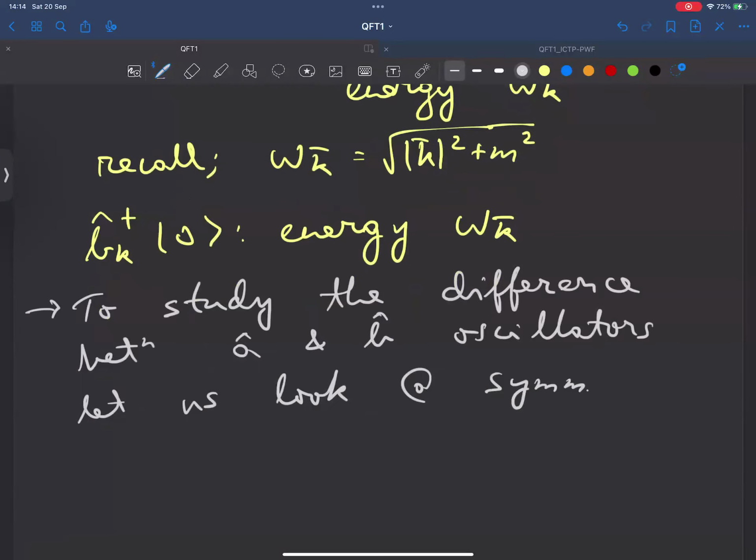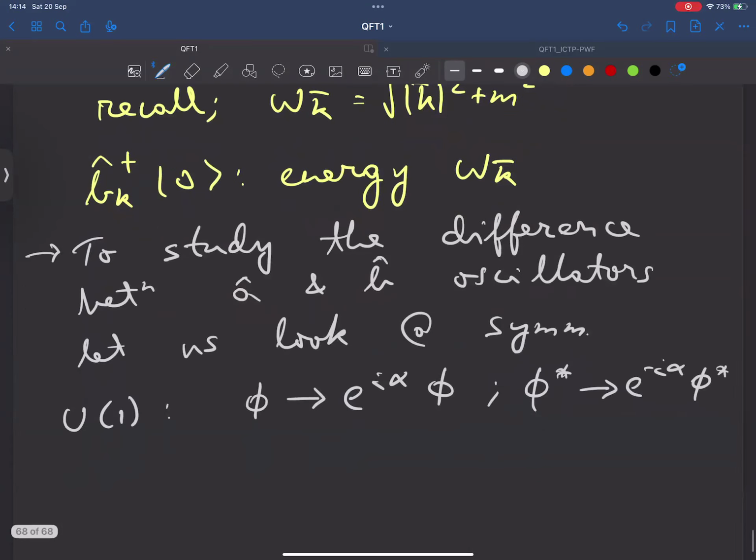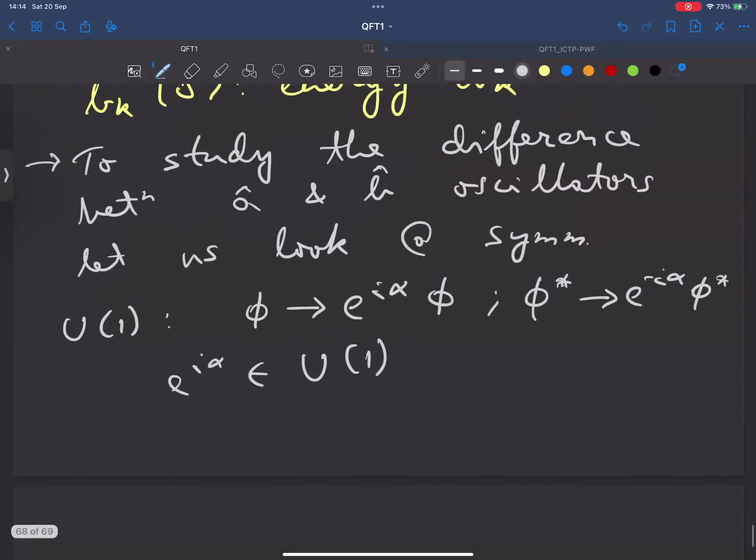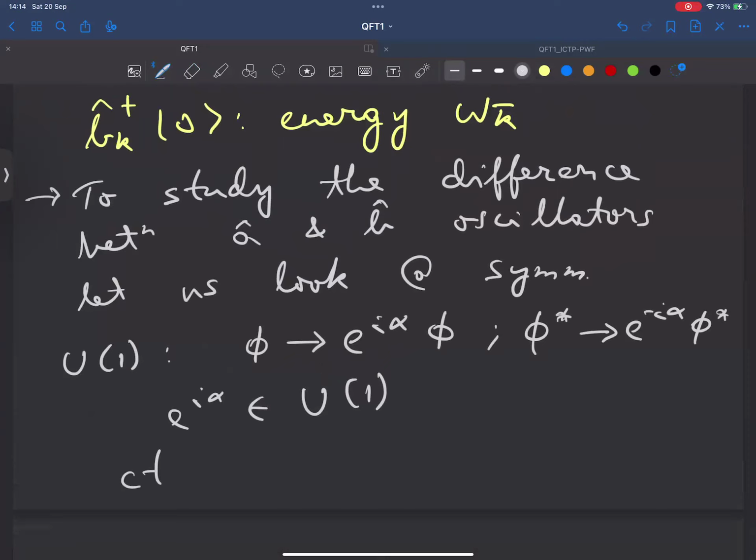That symmetry was U(1). If you take phi to e to the power i alpha times phi, then phi star, the conjugate, goes to e to the power minus i alpha times phi star. This e to the i alpha is a rank 1 unitary object, a matrix. That's why this is a continuous global symmetry, as we had discussed before in the classical field theory setting.